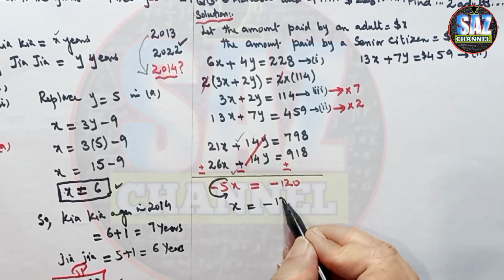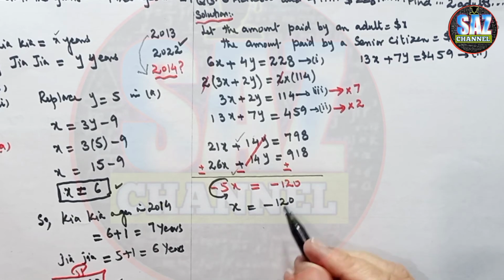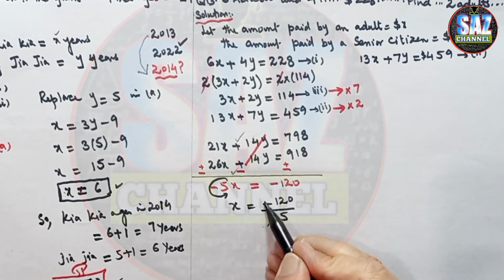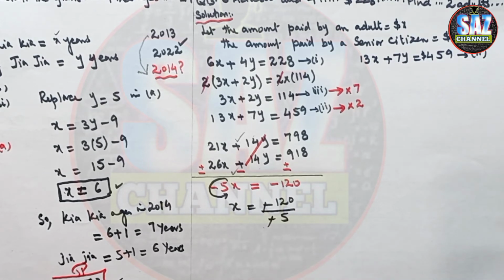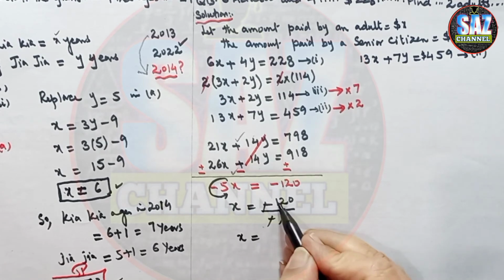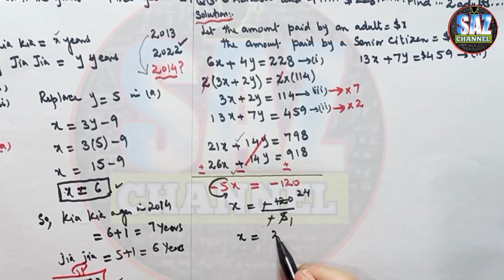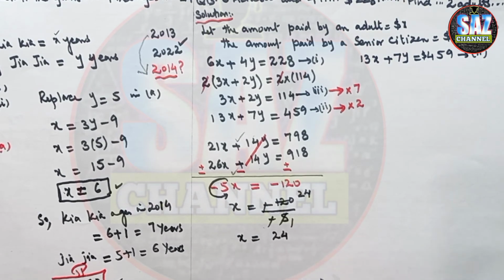So the equation will take the form x equals to minus 120 by minus 5. Now the minus signs will cancel, and 120 divided by 5 will give me 24. 5 ones are 5, 5 twos are 10, and 5 fours are 20. x equals to 24.